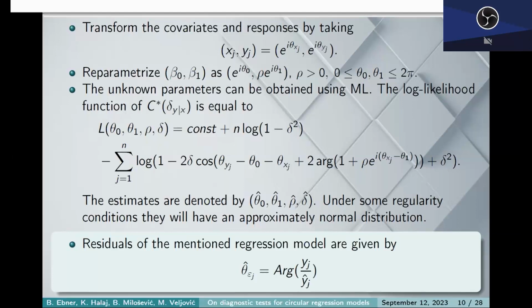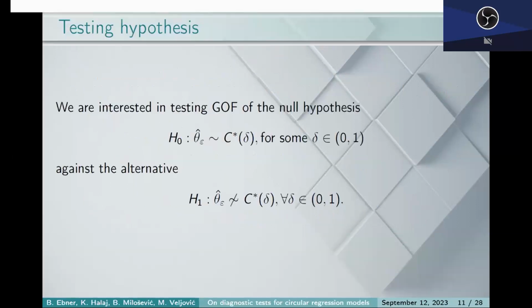Now the residuals of the proposed model are given by the argument of the quotient between responses and predictors. Okay, now we are interested in testing goodness of fit of the null hypothesis that residuals follow a wrapped Cauchy distribution for some concentration parameter delta against the alternative.